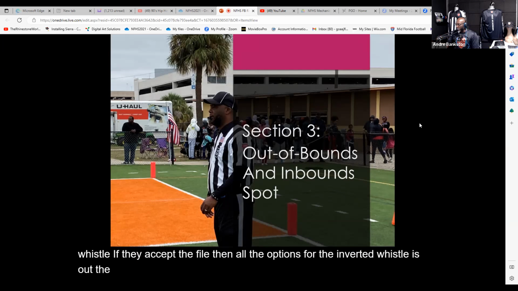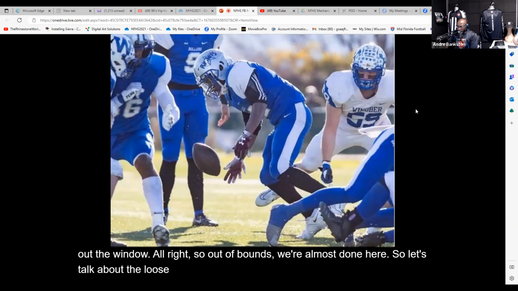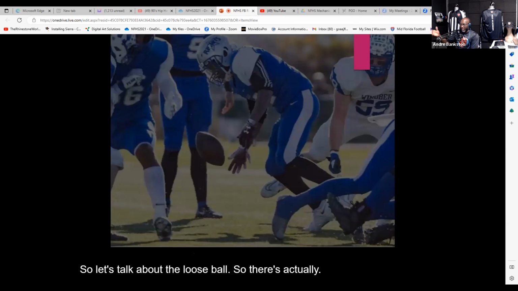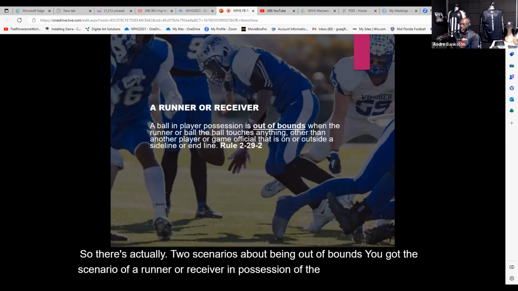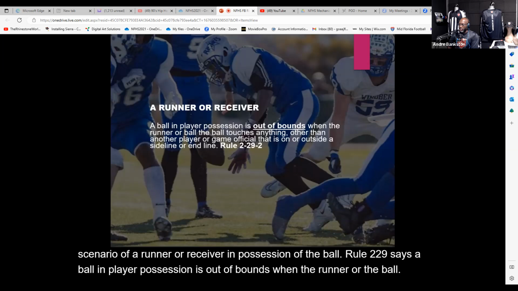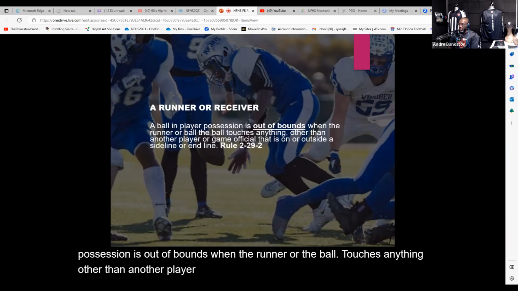All right, so out of bounds, we're almost done here. So let's talk about the loose ball. So there's actually two scenarios about being out of bounds. You've got the scenario of a runner or a receiver in possession of the ball. Rule 2-29 says a ball in player possession is out of bounds when the runner or the ball touches anything other than another player or game official that is on or outside the sideline or end line.